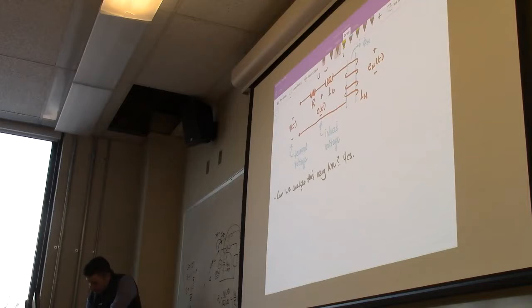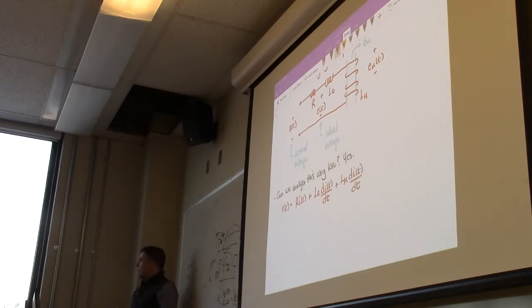We know that the terminal voltage will be equal to the resistance times the series current plus the leakage inductance times the derivative of I with respect to t, plus... and yes, you can combine the two inductive elements together.